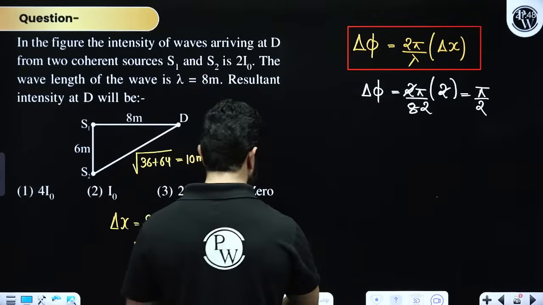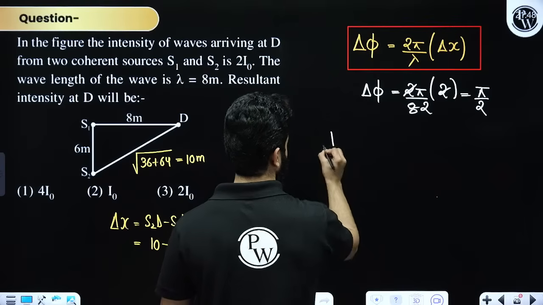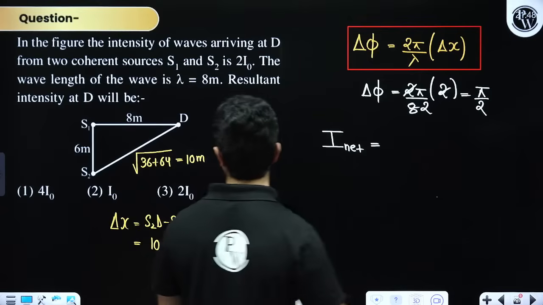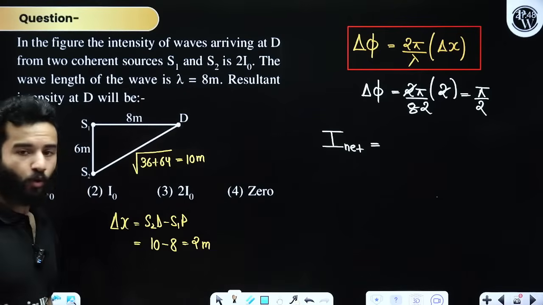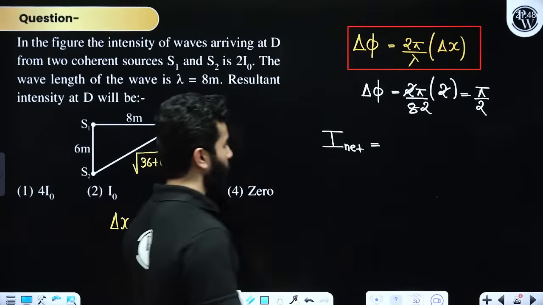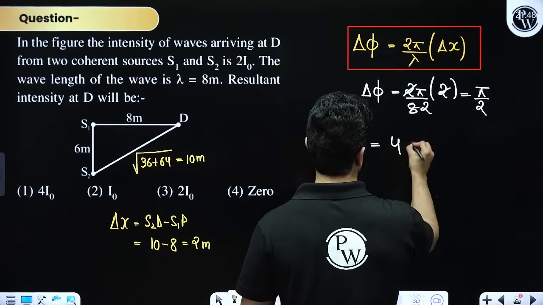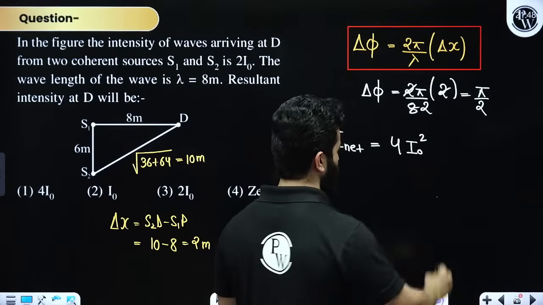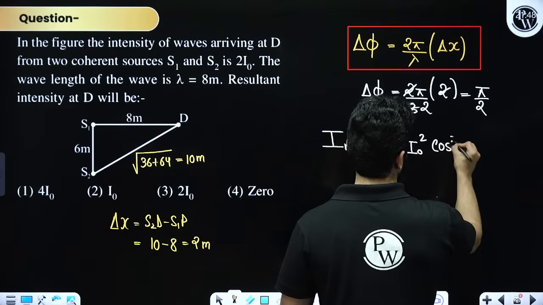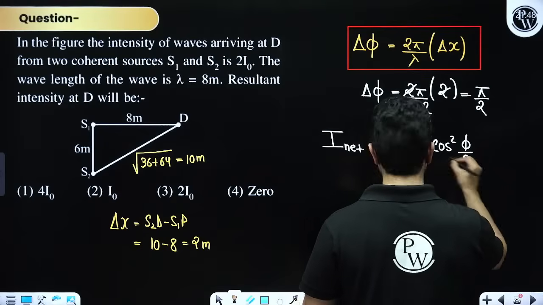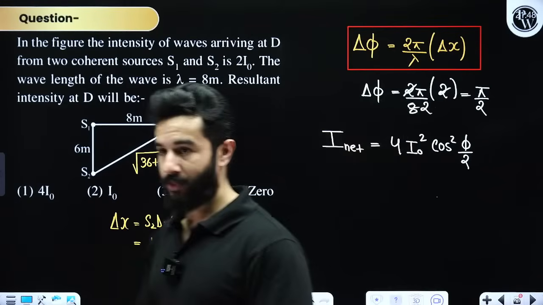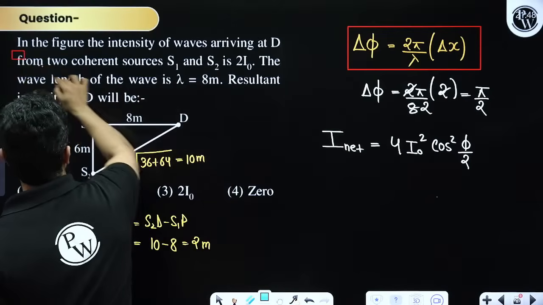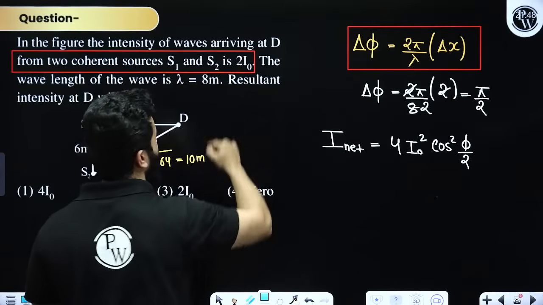And net intensity will be, dosto, when you have got coherent sources, what we do is we use a formula of 4I0 cos square pi by 2. But in this case there is one change. That change, bachcho, is that those two coherent lights are not of intensity I0 but 2I0.